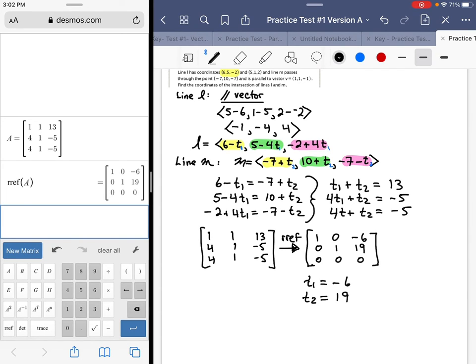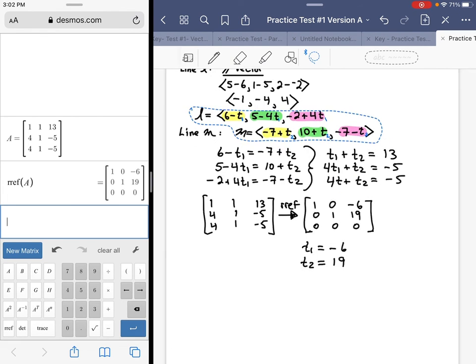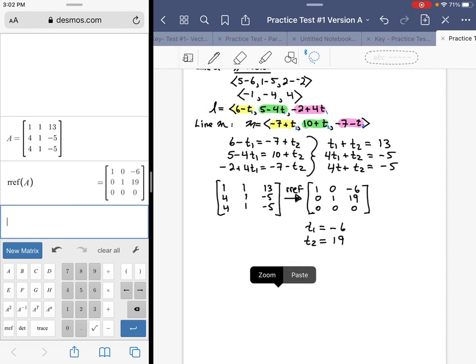The fact that we got unique solutions tells us that we have an intersection. They are asking for the coordinates of the intersection, though. So what I'll do is I'll just grab my L and M equations. And, since this is a test, I would certainly want to make sure that I'm double checking my work.